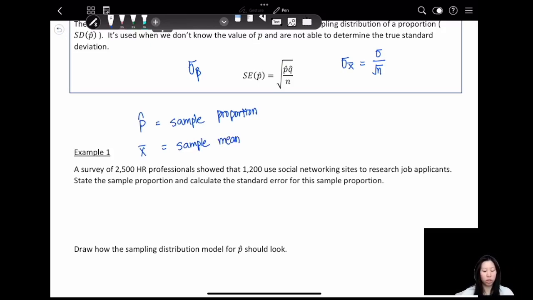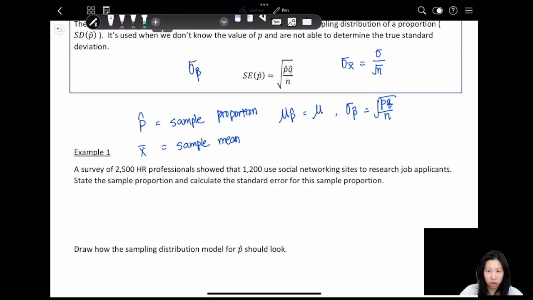So what will be the average of the sample proportion? We use the notation mu of p hat, which equals the population proportion. And sigma, which is our standard error, equals the square root of the success rate times the failure rate divided by the sample size.